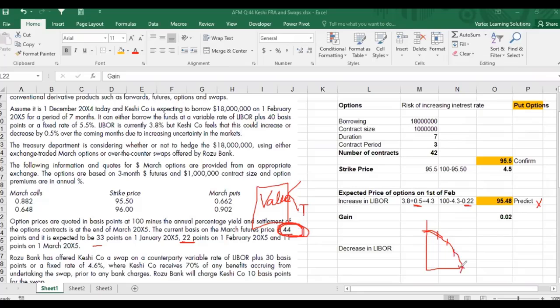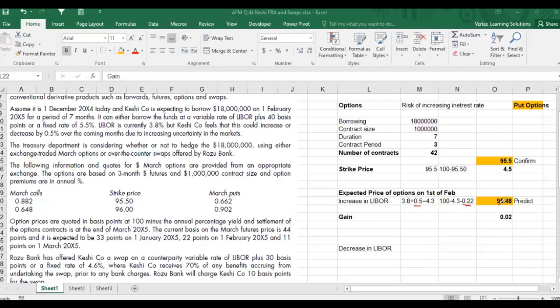And when the time finishes, it becomes 0. So we assume that on the second month, on 1st of February, December has gone, January has gone, and 22 bases will be available there. Now, in reality, it might drop much faster, or it might drop a little later. I don't know what will happen in reality, but we predict. So this is our assumption number 2. Based on these two assumptions, LIBOR has gone up by 0.5%, and there are still 22 bases available.